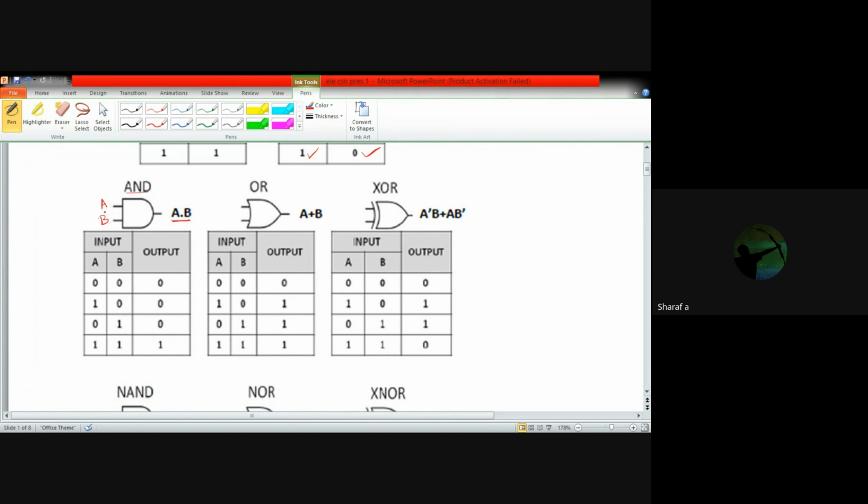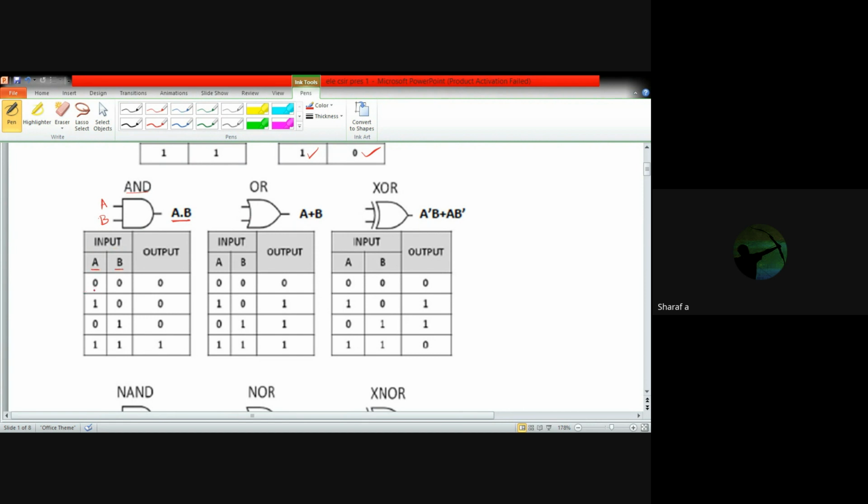If you are giving A and B as the inputs, then it will give you A dot B or A into B as the output. When you read that, it is A and B.